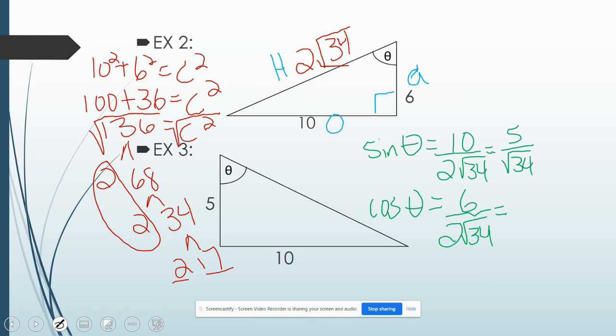I do want to reduce the 6 and the 2, so that's 3 over the square root of 34. And then tangent, opposite over adjacent. And I'm going to reduce that to 5/3.